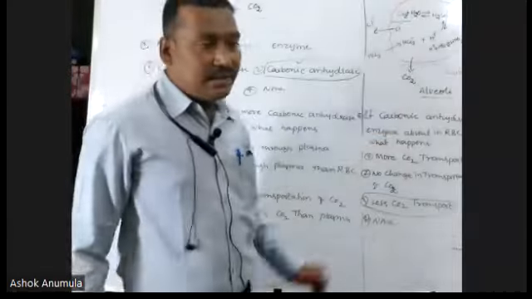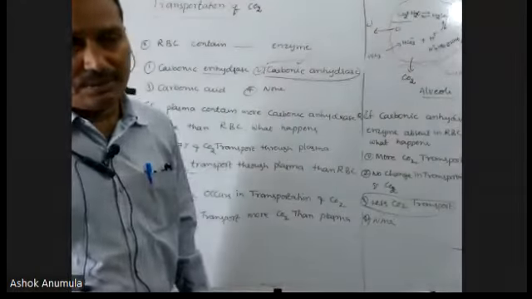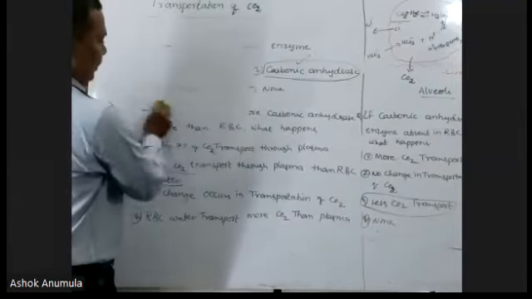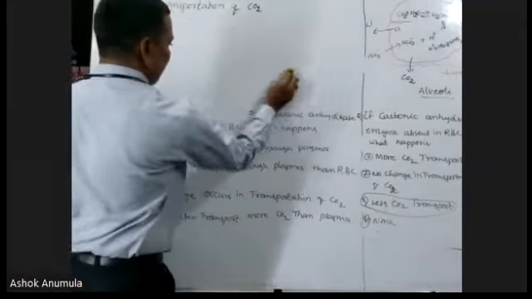So the transportation of carbon dioxide through the RBC water depends upon carbonic anhydrase enzyme. The RBC contains carbonic anhydrase enzyme, that's why 70% of carbon dioxide is transported through this method. Followed, Anna? Anybody want it once again? Yes, sir, followed.